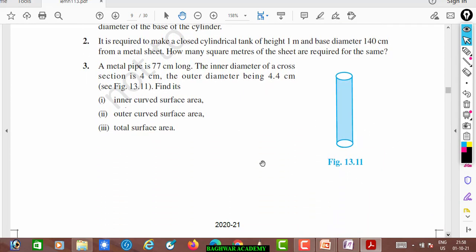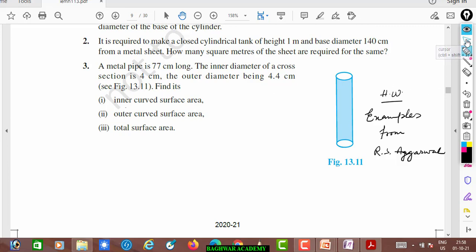But before solving this, my suggestion, or you can say your homework, will be to go through all the examples from R.S. Agrawal, then come to exercise 13.2 and try to solve each and every question.